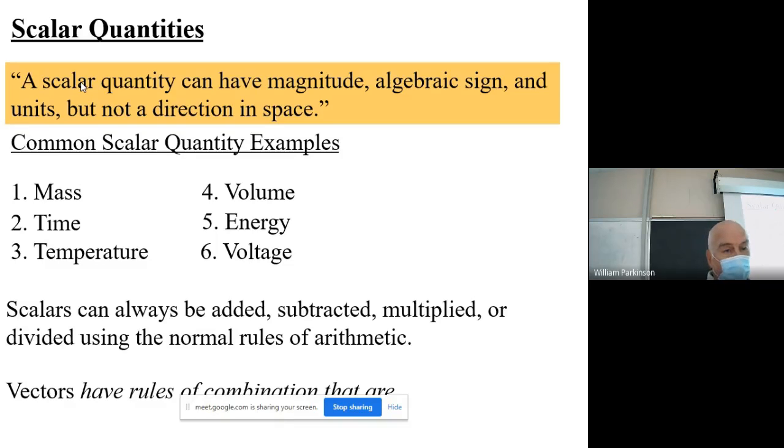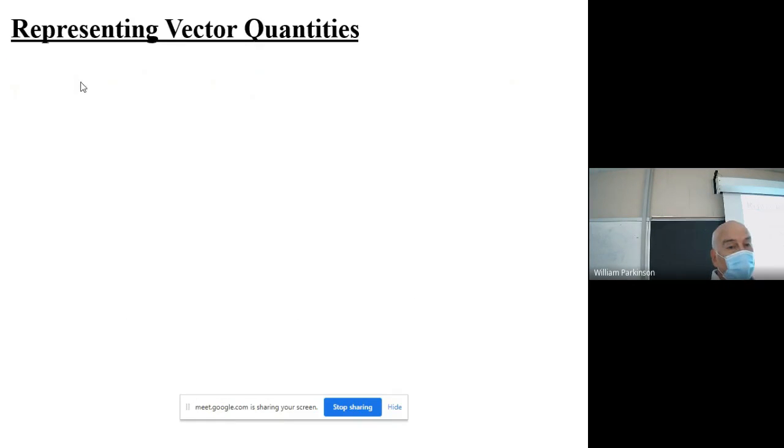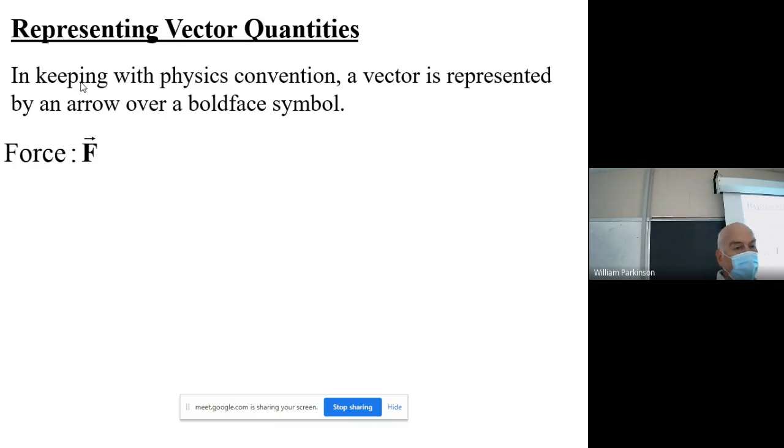Okay, so how are we going to represent vectors, and how do you see them represented in scientific literature? Now, we're not going to have much need to do such things. I just thought I would show you these representations in case you run across them somewhere where you're reading something and you don't quite understand what is being implied by what you see.